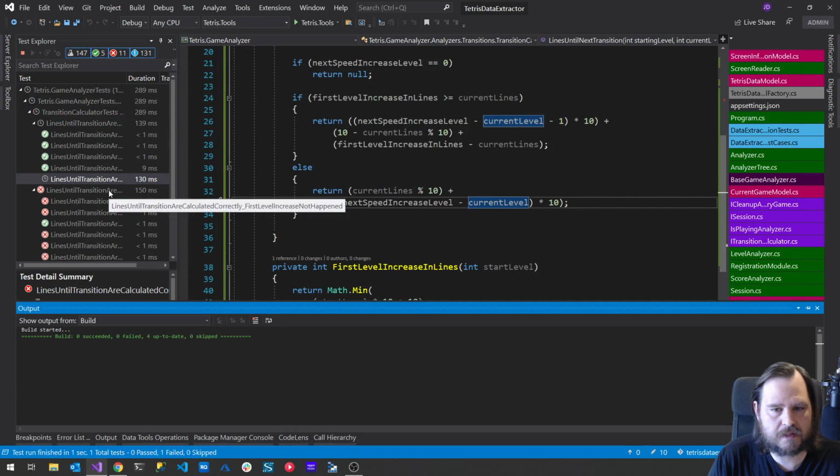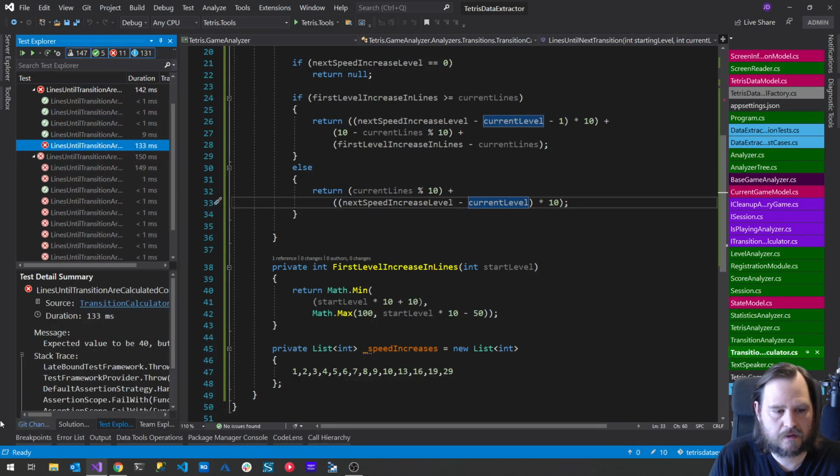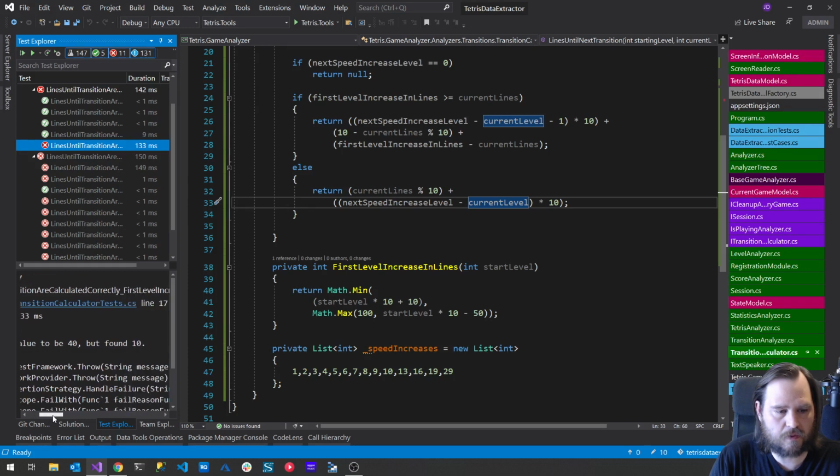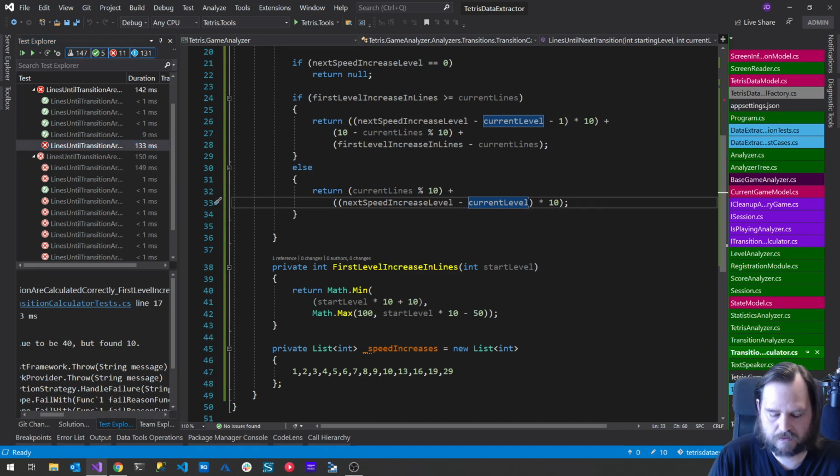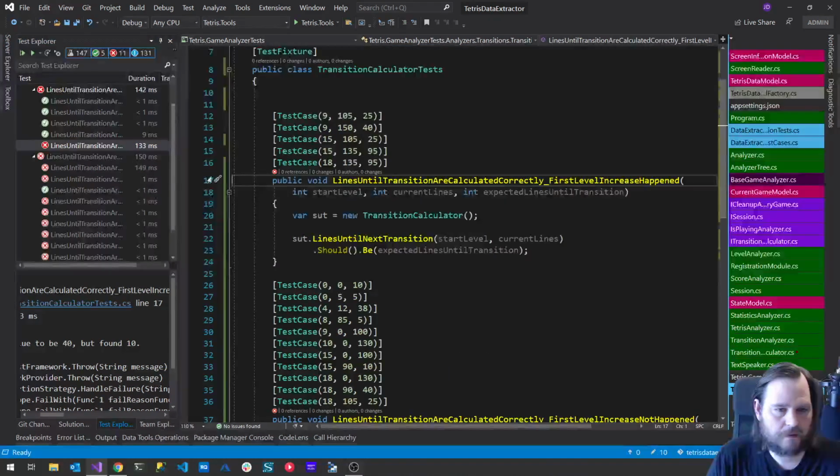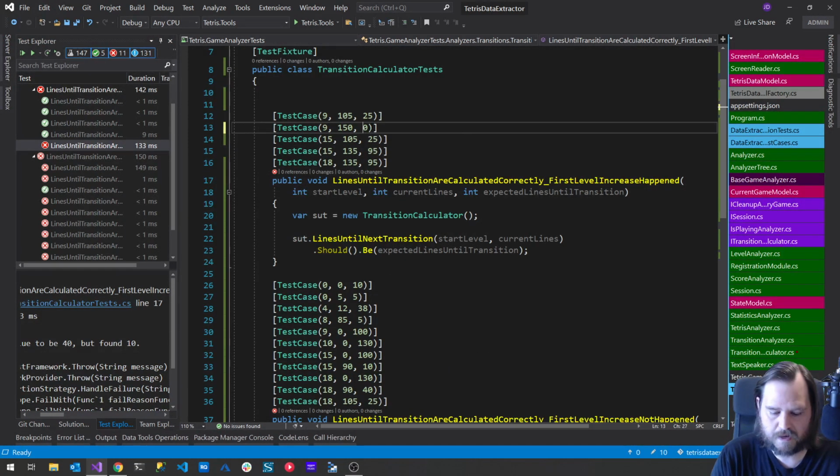I said this is going to pass. It's not even going to pass. Expected value to be 40, but found 10. Crap. Well, I don't expect the value to be 40. Thank you very much. I expect it to be 30.